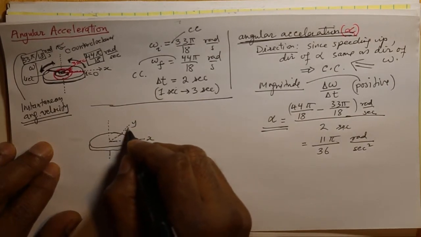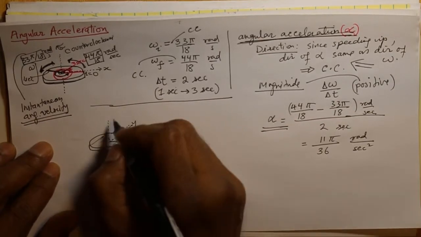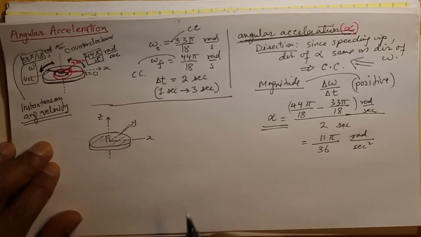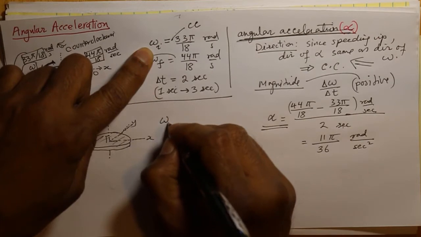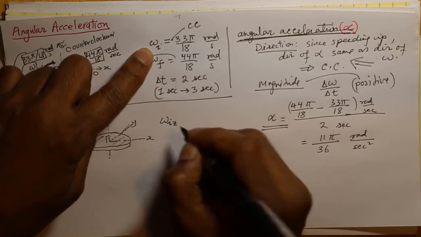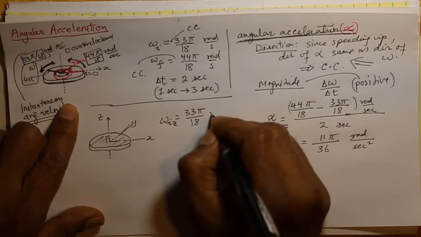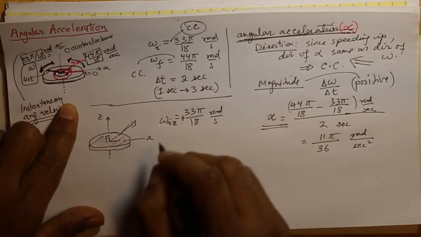These are in the plane, x and y in the plane, and this guy is 90 degrees to the disk, and this is the z-axis. So you can see that omega has a z component equal to 33 pi over 18 radian per second. Instead of that, I'm going to have a plus here.